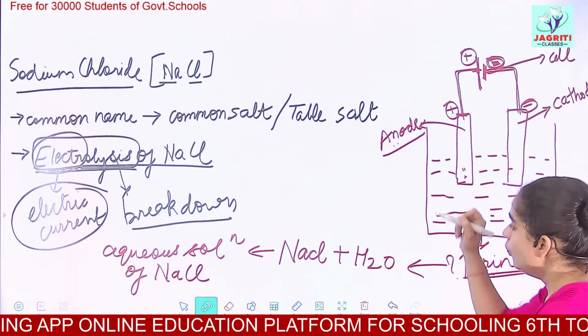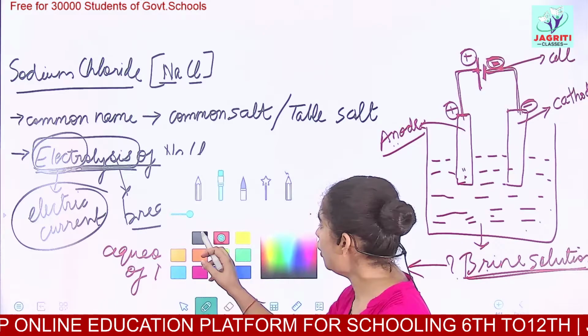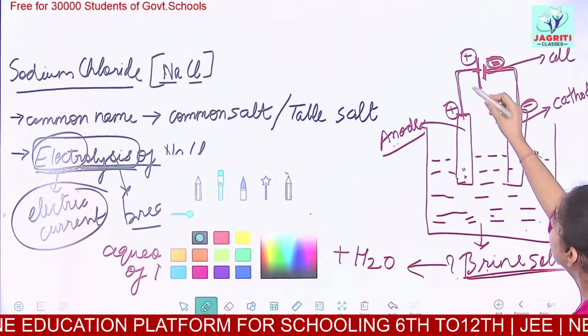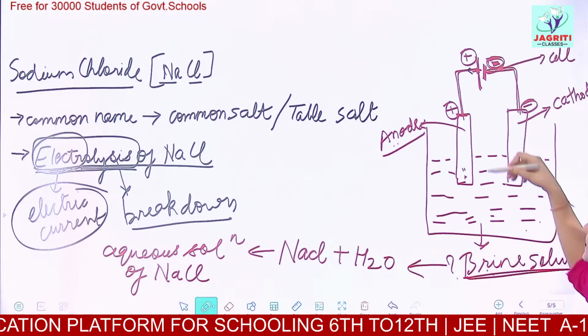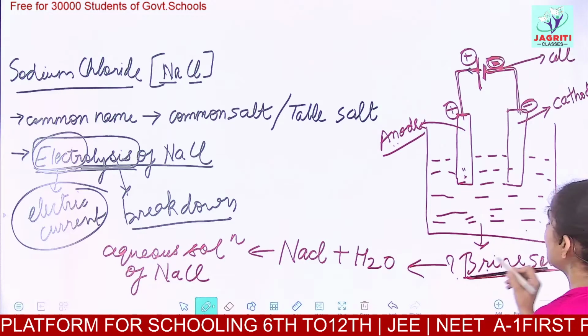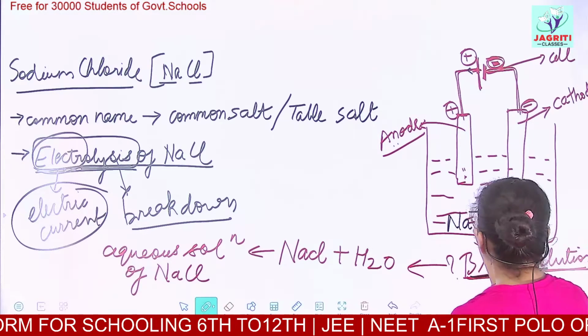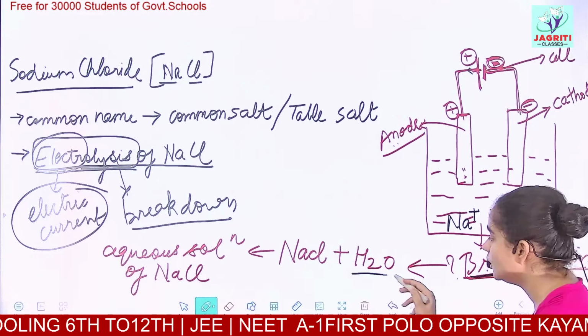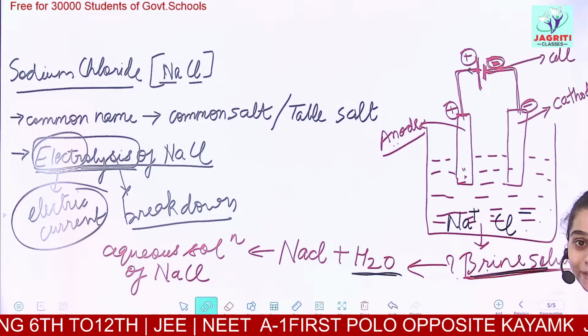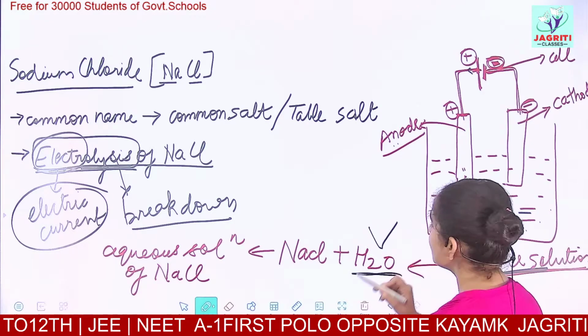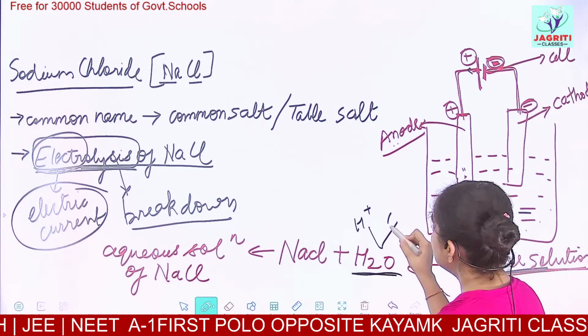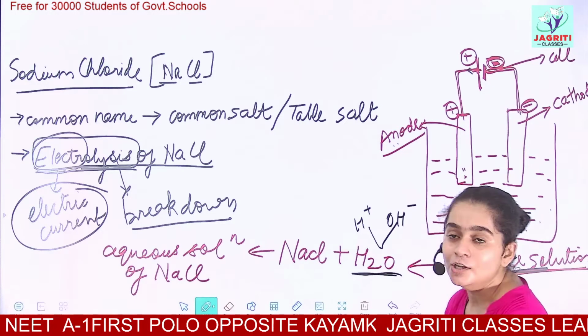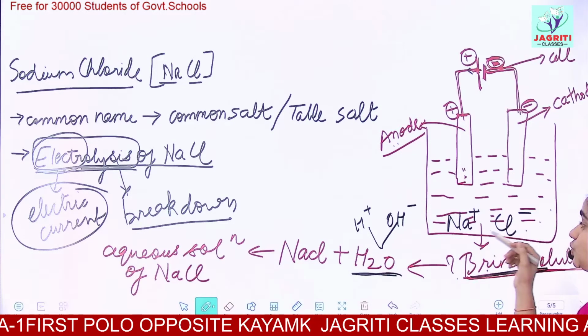What do we observe? On passing electric current, the ions in the solution are Na+ and Cl-. Also, because of the aqueous nature, we have water here, which breaks down to form two ions, H+ and OH-. So these are the different ions in our solution.